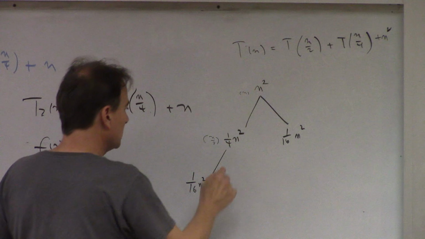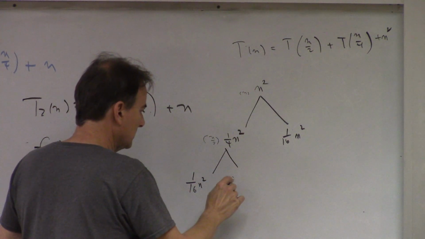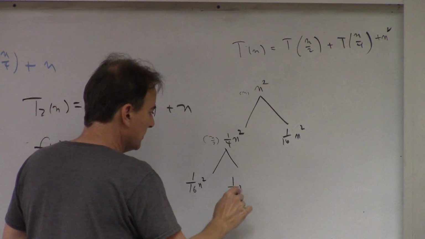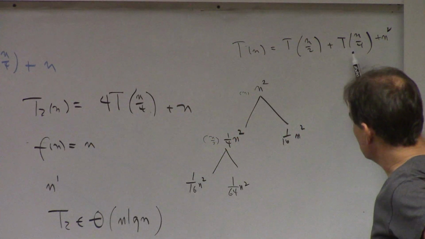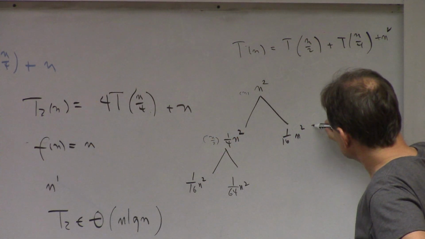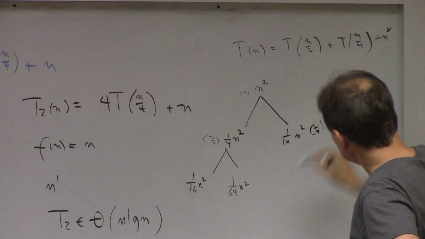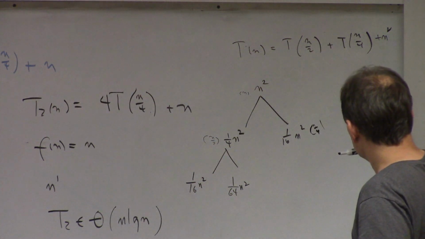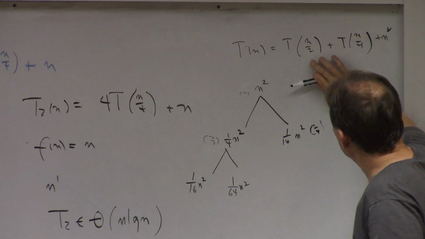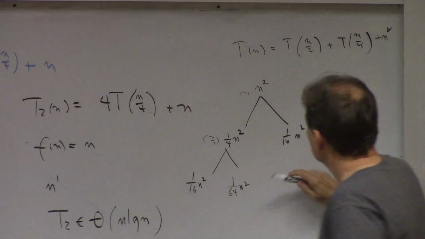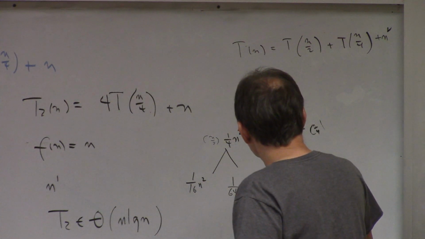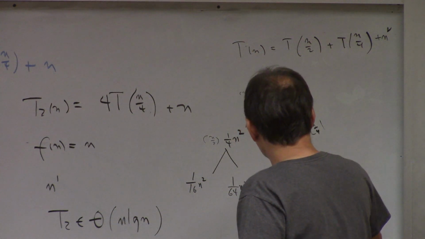So what's that going to be? 1/64 n squared. This is the right branch, so this is already n over 4, right? N over 4. And now it's going to be the same as this one, so this is going to be 1/64 n squared.